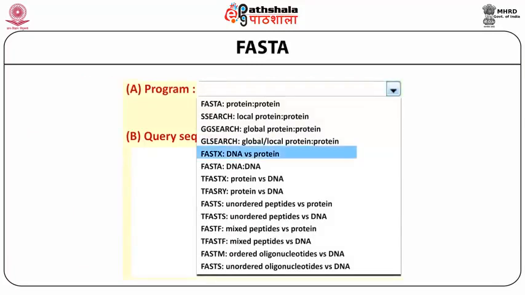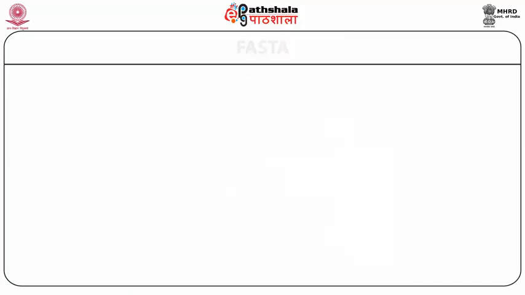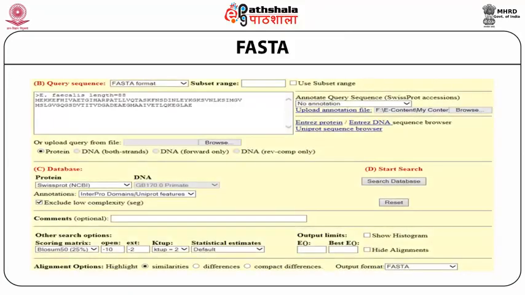On the FASTA page, various variants of FASTA, each suitable for a specific search, are listed in section A under the drop-down list named Program. Rest of the interface is same as for S search. Paste the sequence and set all the parameters as already explained earlier for S search, and then click the Search Database button.